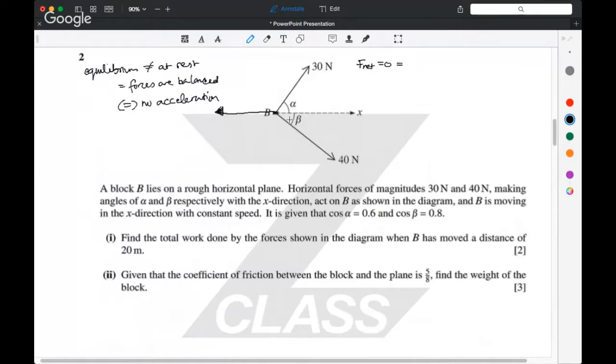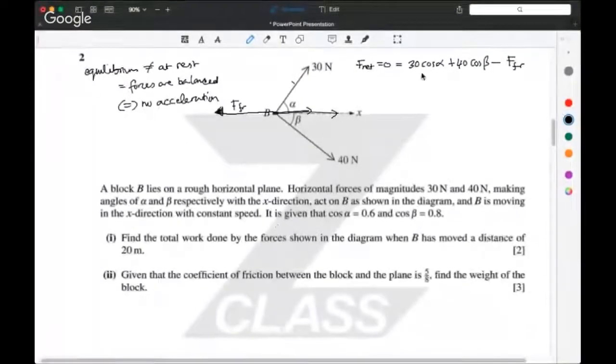And that must be equal to the x component of this guy, which is 30 cosine alpha, plus the x component of that guy, which is 40 cosine beta, minus the force of friction, which is this guy. So that is all our forces that are acting in the x direction. And we've just resolved these forces along it. And the whole thing must equal 0 because the thing isn't accelerating in that direction.